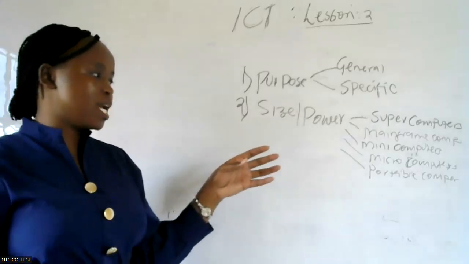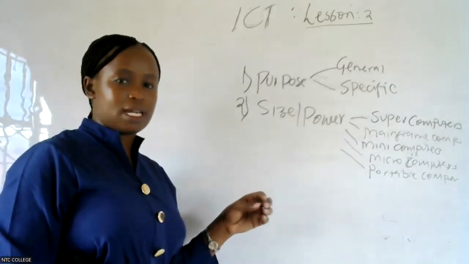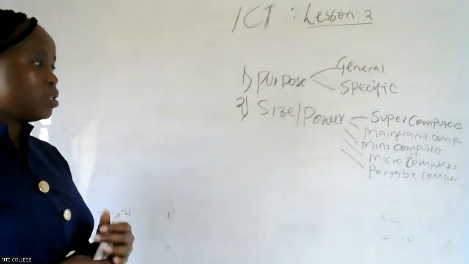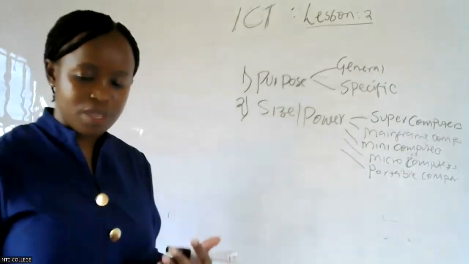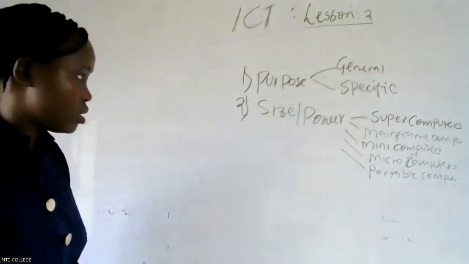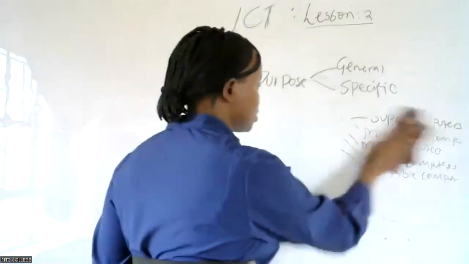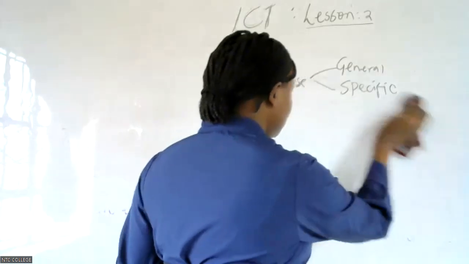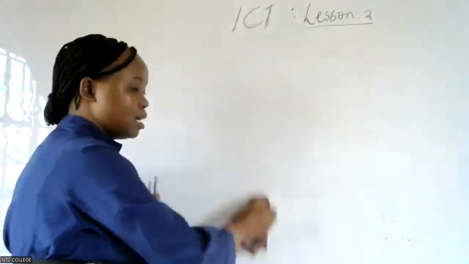And then, of course, we have the portable gadgets, starting with the mobile phones, calculators, those small things that you can put in your pocket, and then you are able to just move around with them. Classification by power, size, and also by the nature of the purpose.